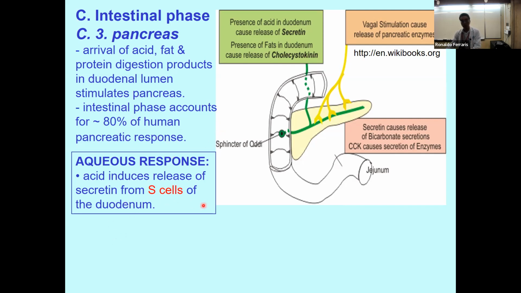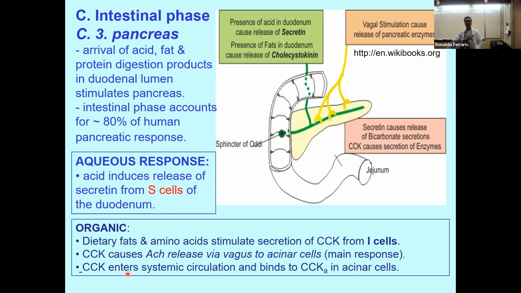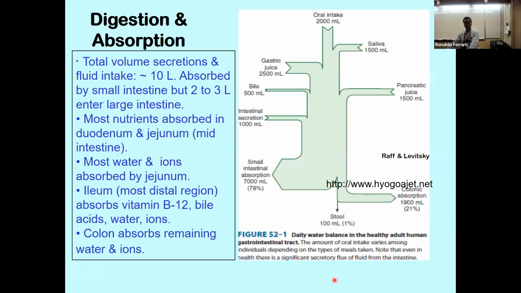So then, as I alluded to, you have this aqueous response where acid induces release of secretin from S cells in the duodenum. And then the organic phase, dietary fats and amino acids, stimulating I cells to release CCK. And then you have this CCK via afferent nerves of the vagus causing ACH release, and CCK as a hormone binding to its true receptors in the acinar cells.